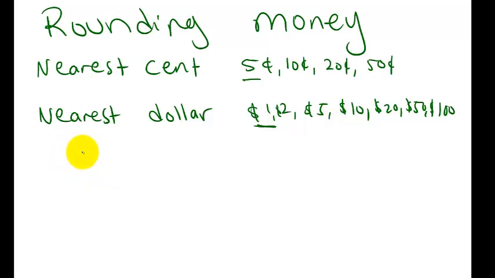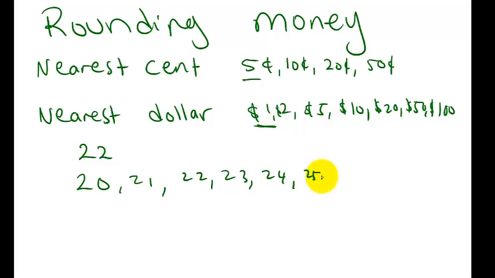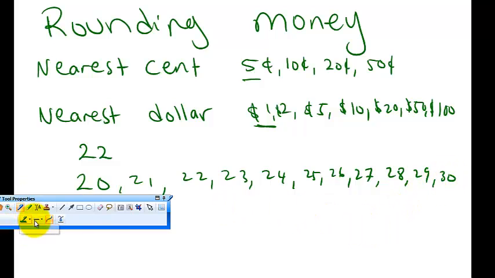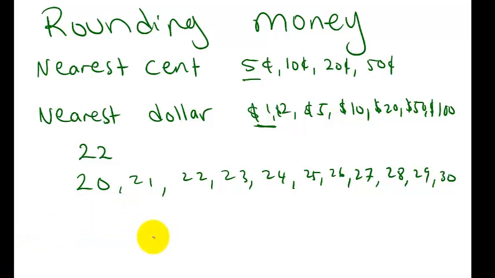For example, let's just say I had the number 22. What you want to do is list all the 20s: 20, 21, 22, 23, 24, 25, 26, 27, 28, 29, and then go up to 30 as well. Out of these, which ones do we pay in Australia?